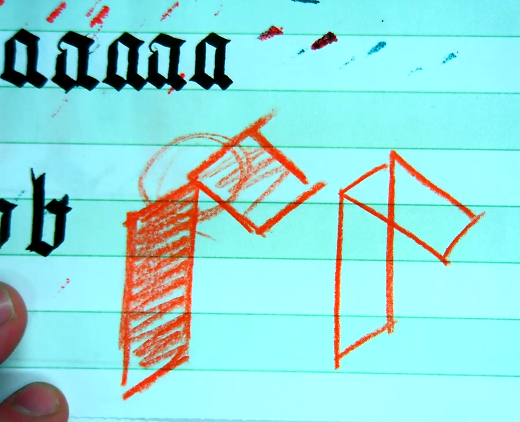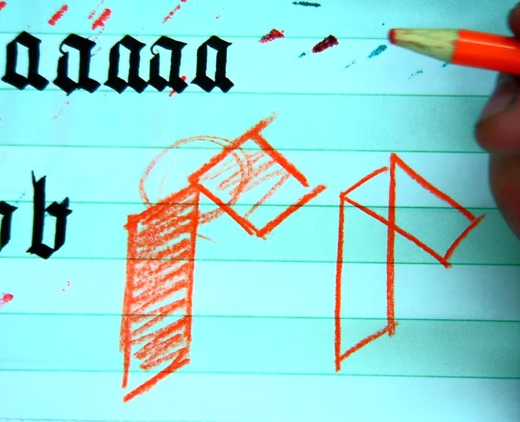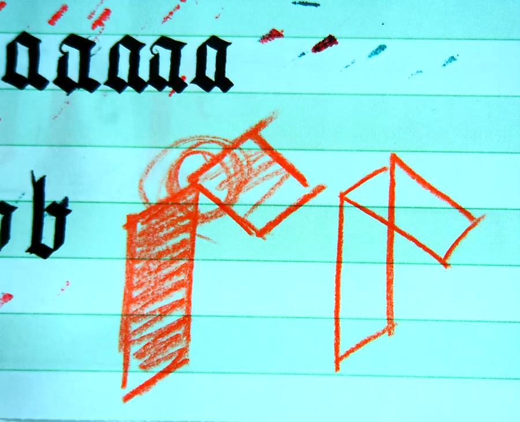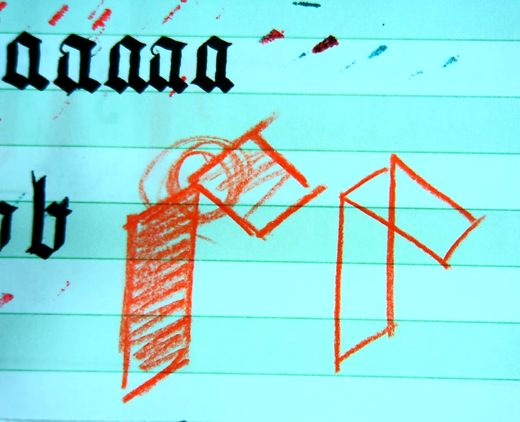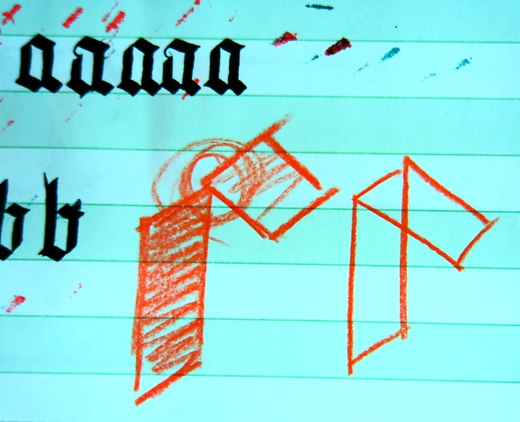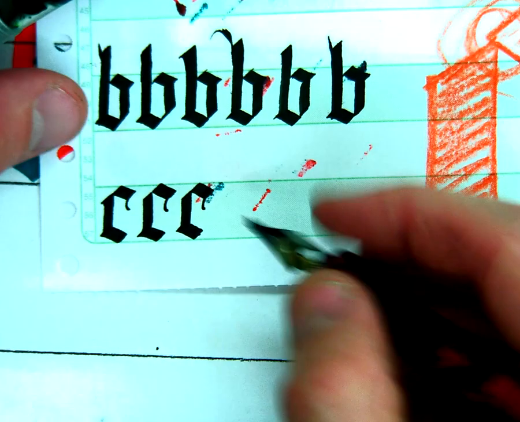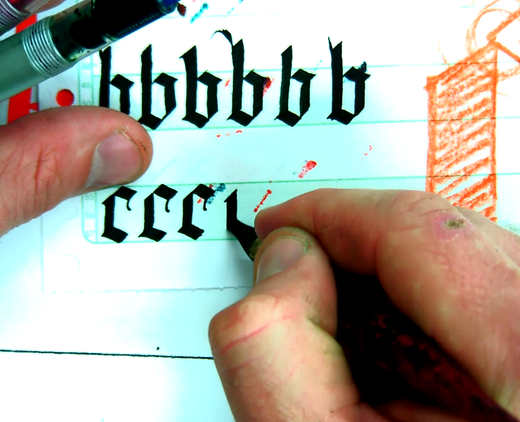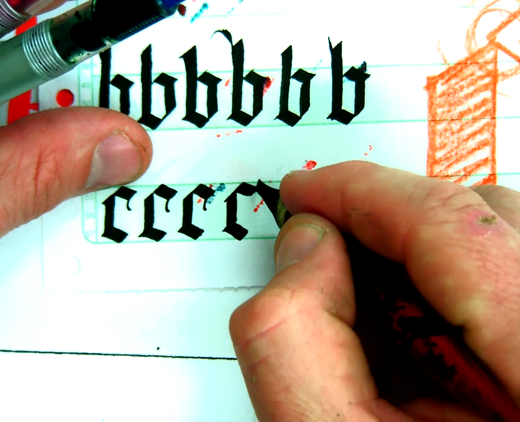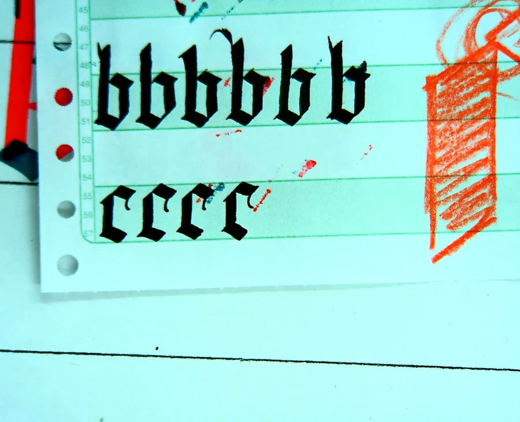No. I said John, not Joe. I want to see those corners just barely touching. If it's overlapping, it's just going to be too dark and too black. 1, 2, 3, 4. All right.